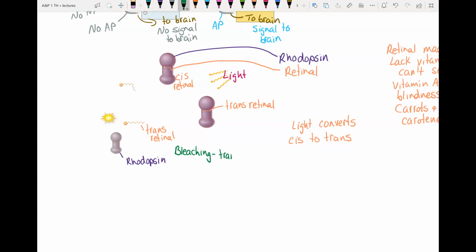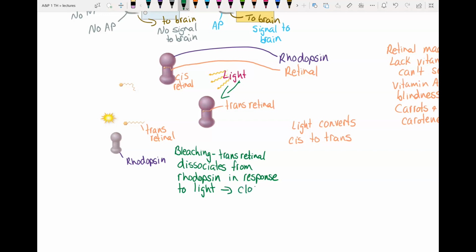The trans retinol dissociates from the rhodopsin. And remember, this happened because of the light rays. The light rays caused this. So this is in response to light. This is what closes the sodium gate.